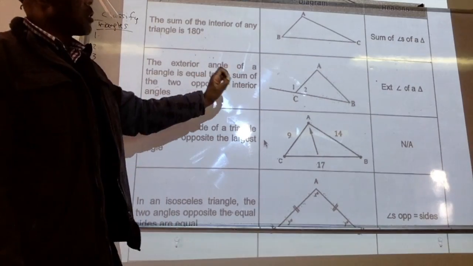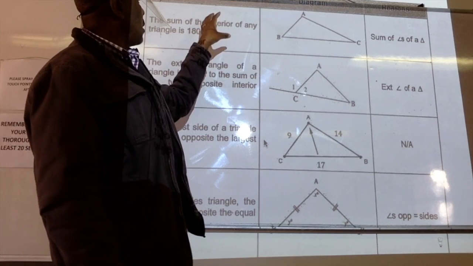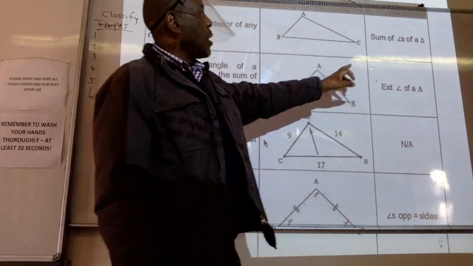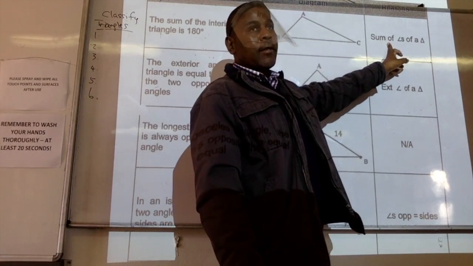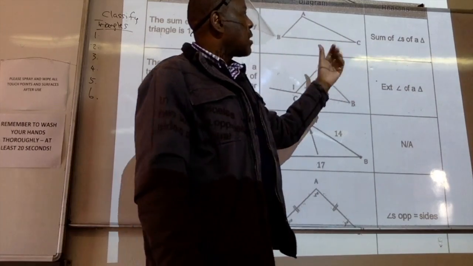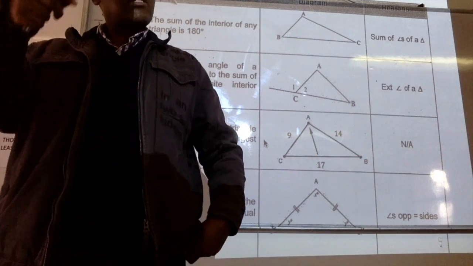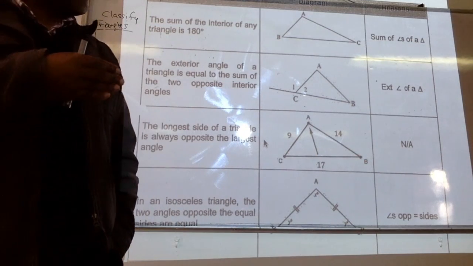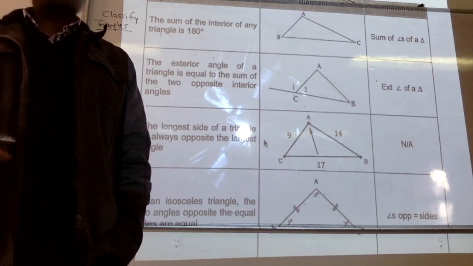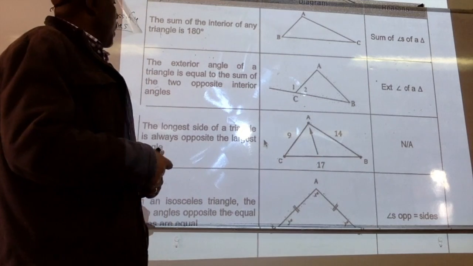And should you find yourself using this property, you can write the reason in short like this. Remember, we are doing geometry. You can simply say sum of angles of a triangle. That will be fine. Or you can say sum of the interior angles of a triangle is equal to 180 degrees. That is still fine.